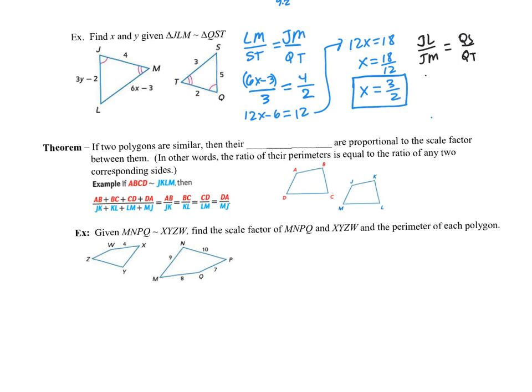JL is 3y minus 2. JM is 4. And then QS is 5. And QT is 2. All right, so when we cross multiply then, we would get 6y minus 4 equals 20. So 6y equals 24, and y is 4.